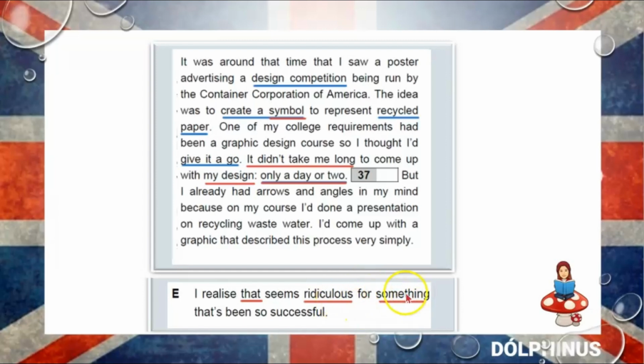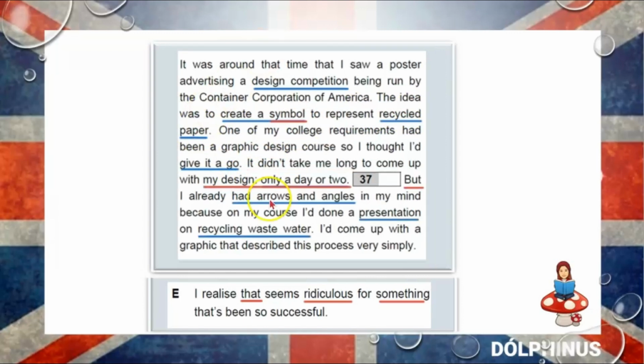Continue. For something that has been so successful. What is this something making reference to? To the symbol, to his design related to recycled paper. Afterwards, he makes a reference to why it had only taken a day or two, because the idea of arrows and angles were already in his mind because he had previously done one but related to recycling wastewater.